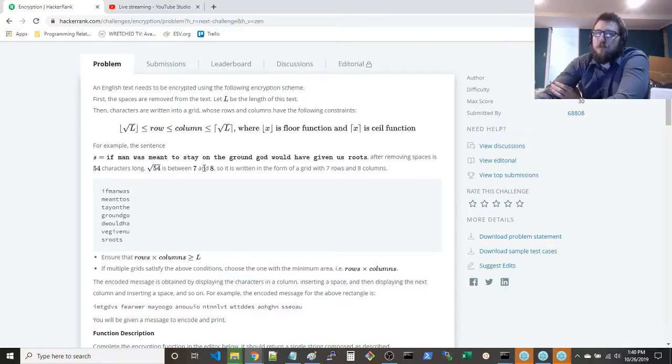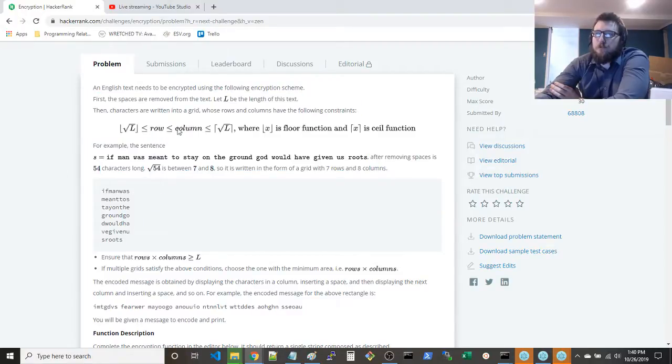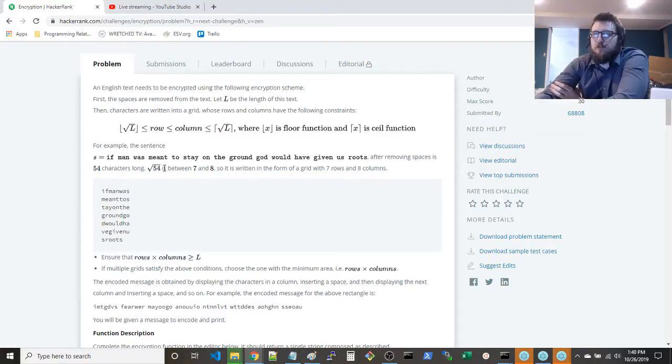Interesting. This is kind of an awkward formulation here. Like, this actually isn't enough description for what it actually is. I was able to guess and infer what they mean, but it's actually not correct, because this isn't going to be row equal column equal the floor of the square root of 54, because then you wouldn't have enough characters.